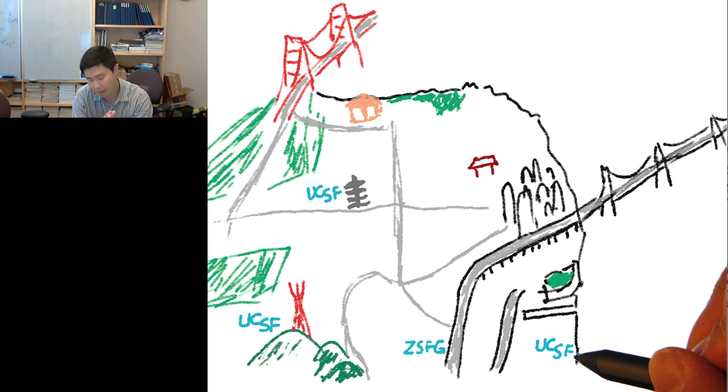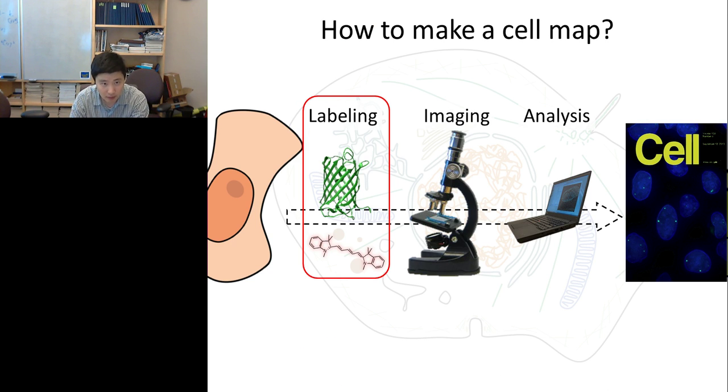Actually, this is a similar experience to starting to draw a map of the cell. We have the cell there, and we first need to label the structure of interest. This is typically done with either a fluorescent protein or a fluorescent antibody, so that whatever structure of interest now has a color, some light signal coming out.